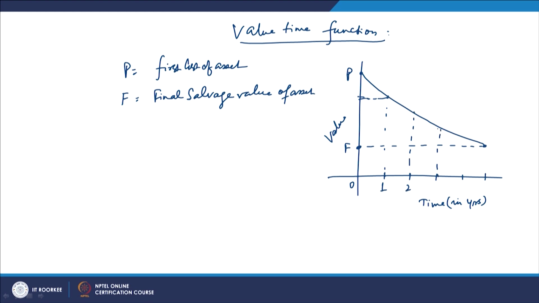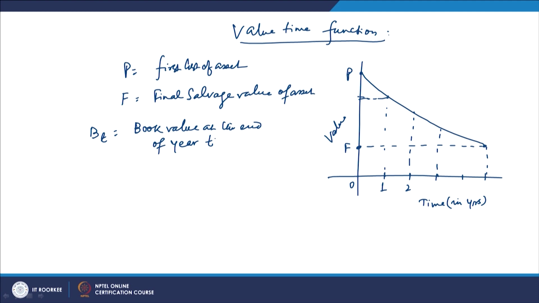This function, which talks about value and time, is known as the value time function. In the standard manner we talk about the book value, and this BT is the book value at the end of year T.